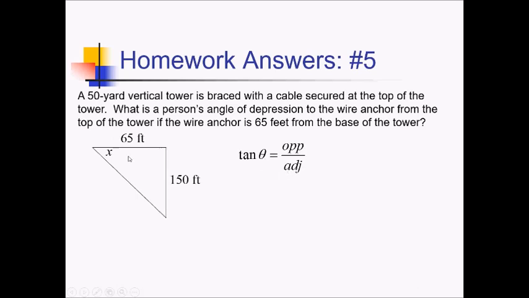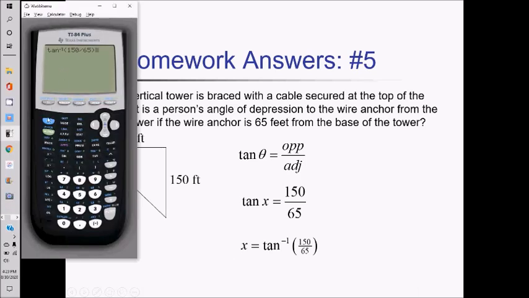So we can write tan of x equals my opposite side of 150 divided by my adjacent side of 65. And now to get the actual angle x, I have to do inverse tan of 150 over 65. And let's see what that is on the calculator. So doing second tan on the calculator and putting in 150 over 65, I get approximately 66.6 degrees for this one.